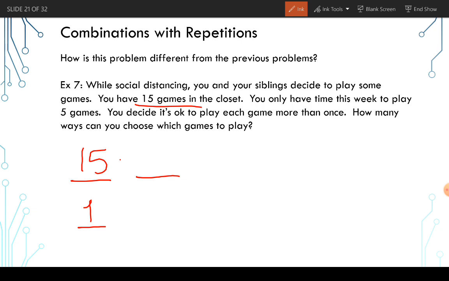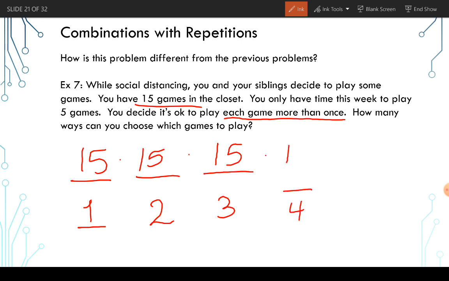So once I play the first game and I want to choose my second game, how many games do I have to choose from? 15. Because it doesn't matter if I go back in and choose the same game to play. Okay? Again, I want to choose the third game. It's okay if I play each game more than once. So I have 15 options for the third game, 15 options for the fourth game, and 15 options for the fifth game.